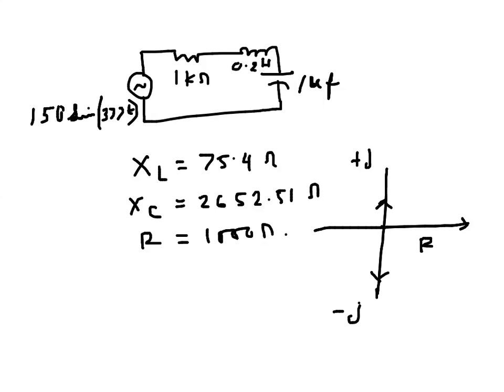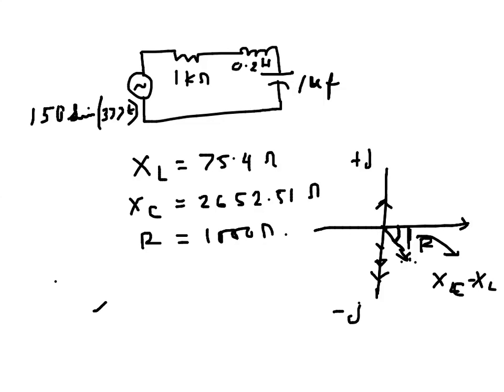XC was much bigger, so ultimately the resultant X is somewhere there, so the angle will be somewhere there, approximately, if we draw it to scale. So the angle will be, of course, this one.